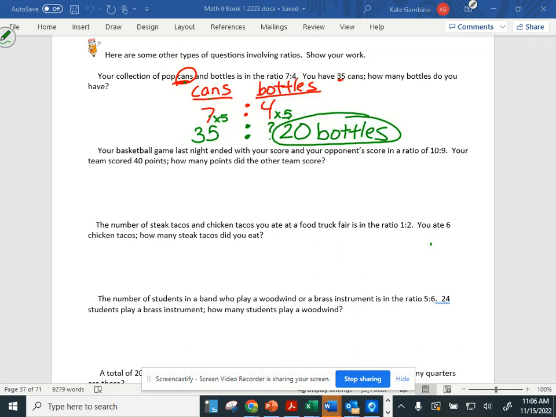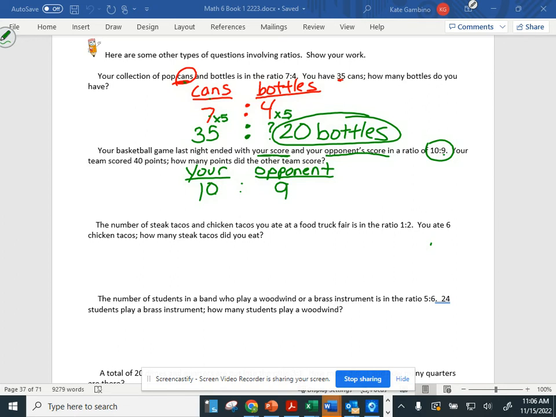So which number of our ratio is your score? 10, because that's the first thing. Then your opponent is the second number. So yours and then your opponent's.